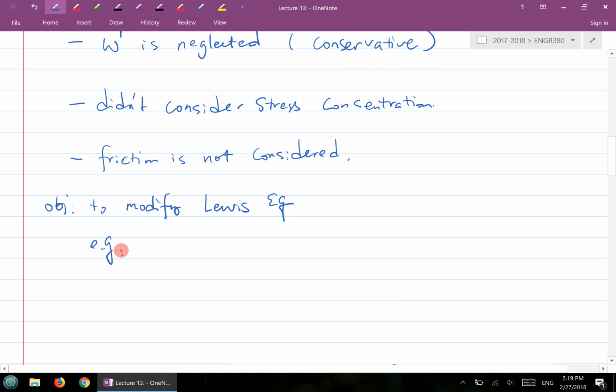The simplest way to modify it is this: I'm going to introduce a factor called Kv, which is the dynamic factor, into the Lewis equation, by multiplying the Lewis equation by the dynamic factor Kv here.